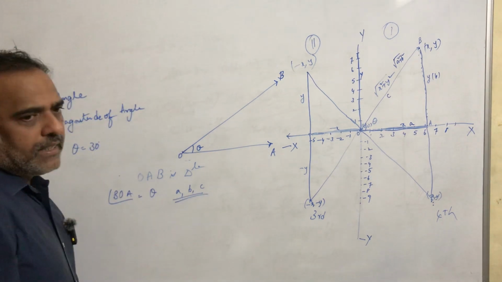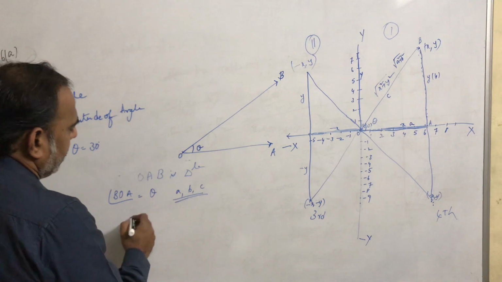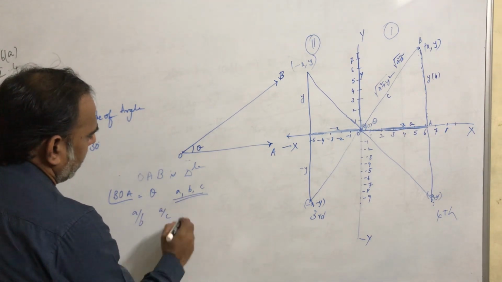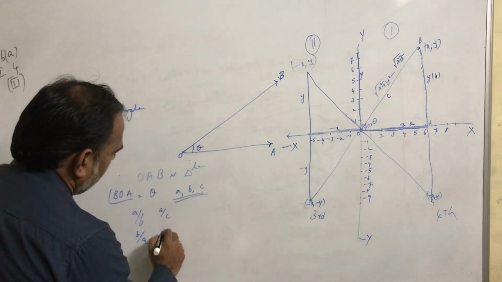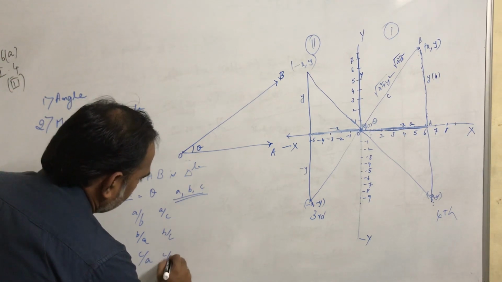By using three sides, how many ratios are possible? With a, the ratios are a by b and a by c. With b we have b by a and b by c. With c we have c by a and c by b.